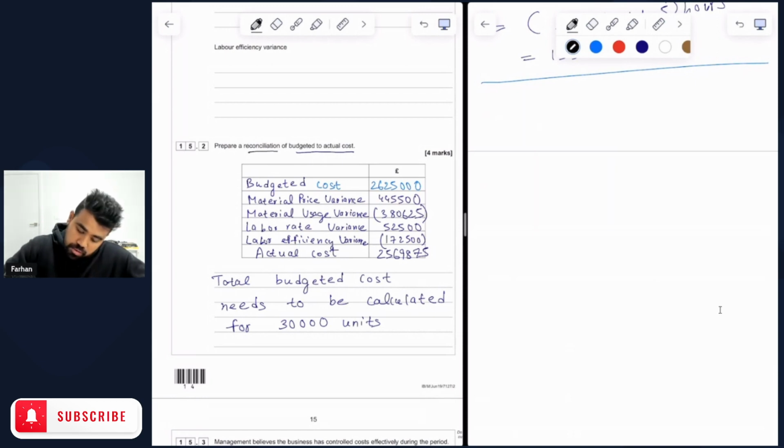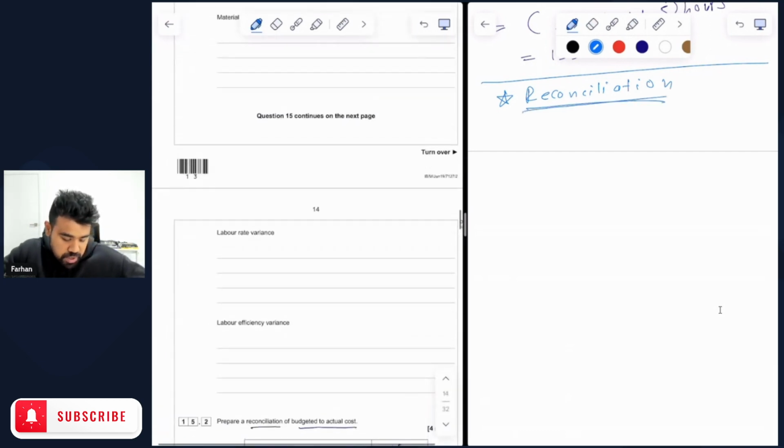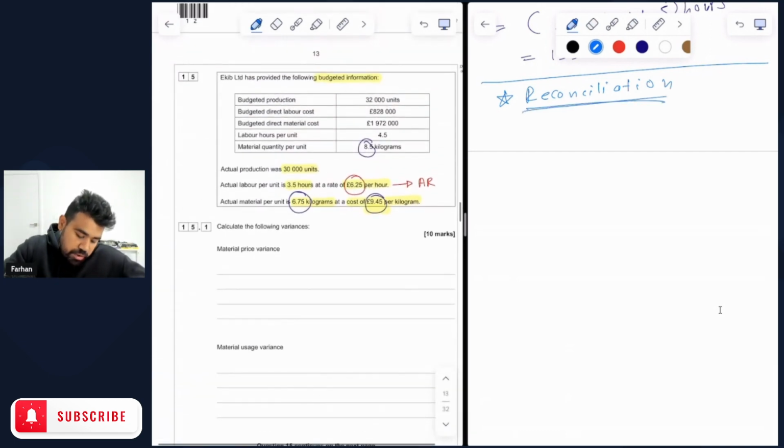Okay, so reconciliation. We have two different types of costs here, which are the direct labor and the direct material. So we'll start with the budgeted direct labor cost for 30,000 units. I'm just writing DL for short. So budgeted direct labor cost for 30,000 units.